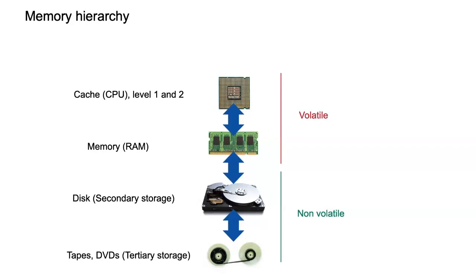But what I wanted to distinguish here is the speed: it's faster for the upper levels, but it has less capacity. And some of them disappear if you have no electricity, and some of them stay. So that also plays a role, right? So if you want to store the collection and index, it has to be on a persistent memory like the disk. And if you want to be fast, like when you process the queries, you do want to copy it over to volatile memory because it's faster.